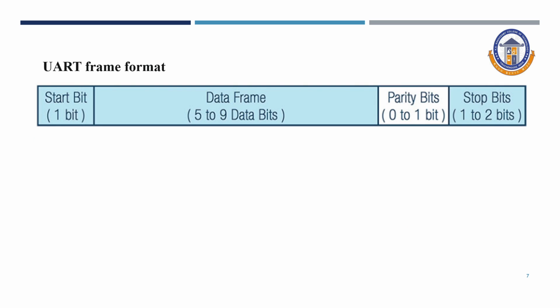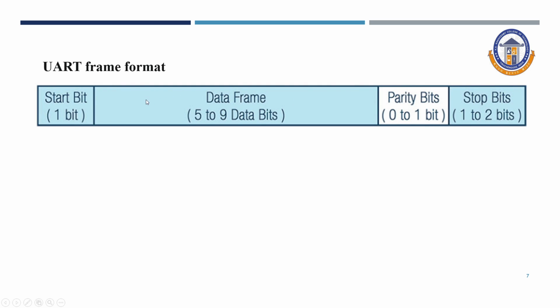The final part of this video is the UART frame format. This is the data which we saw in the previous slides. As you know, when data is ready to communicate, there is one start bit, and another is the 1 or 2 stop bits.